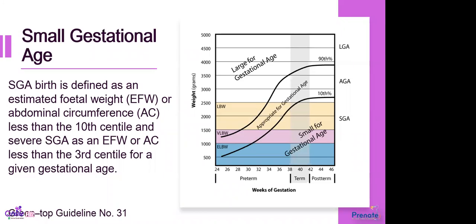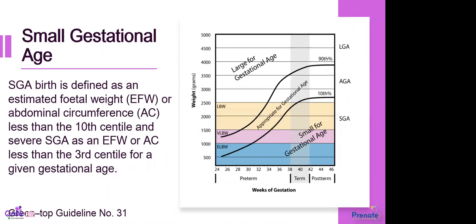On the other extreme, there is the small for gestational age, which are the babies growing below the 10th centile for a given gestational age. These are the babies who are growth restricted or small for gestational age, and these are prone to have different problems in terms of bad perinatal outcome.